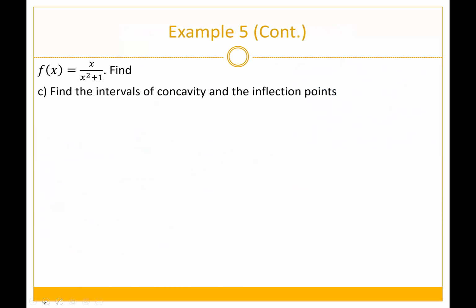So that is parts A and B. We also have C, find the intervals of concavity and the inflection points. Now we have f prime of x equal to 1 minus x squared divided by x squared plus 1 squared.